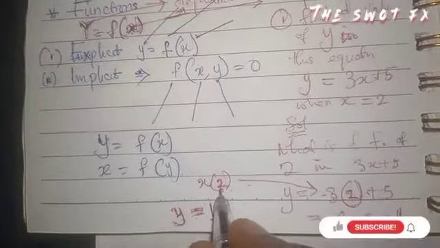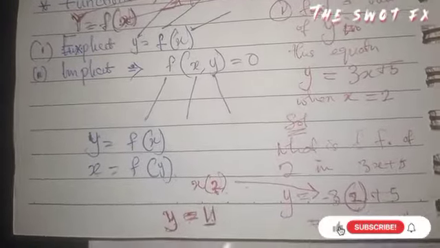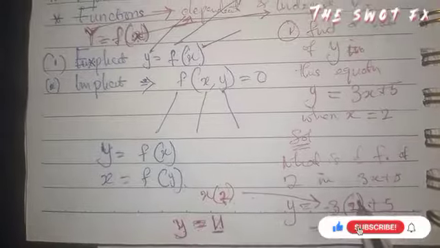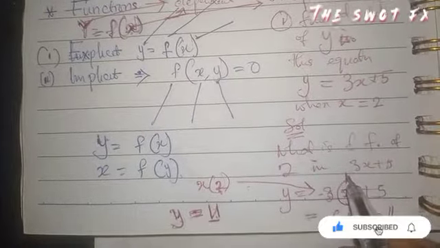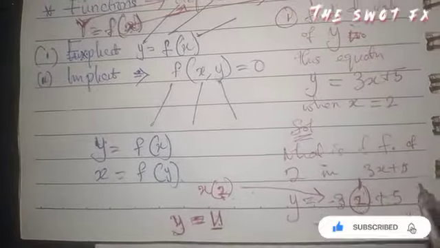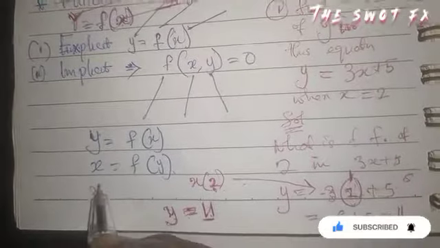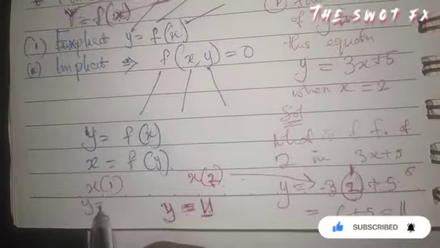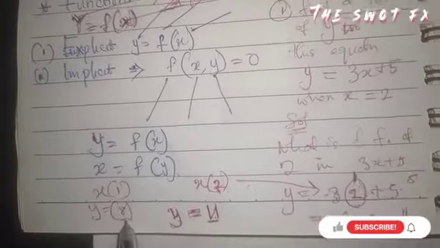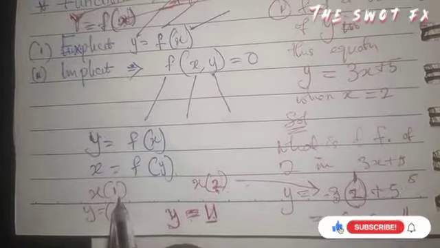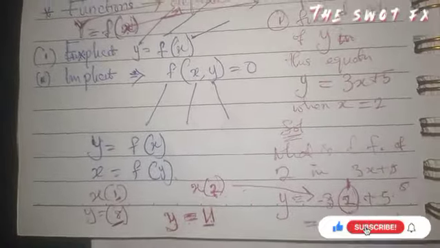On 2. So that's just it. If I put x as 1, 3 times 1 is 3, plus 5, that's 8. Then I'll say when x is 1, my y is what? Is 8. Meaning that 8, this variable, is dependent on what? On 1. That's just it.